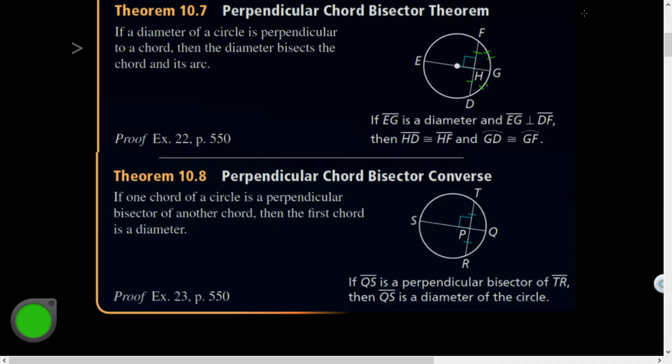And then the converse is also true. If one chord of a circle is a perpendicular bisector of another chord, then the first chord is a diameter. So I could prove diameterness because it's the perpendicular bisector of a chord.